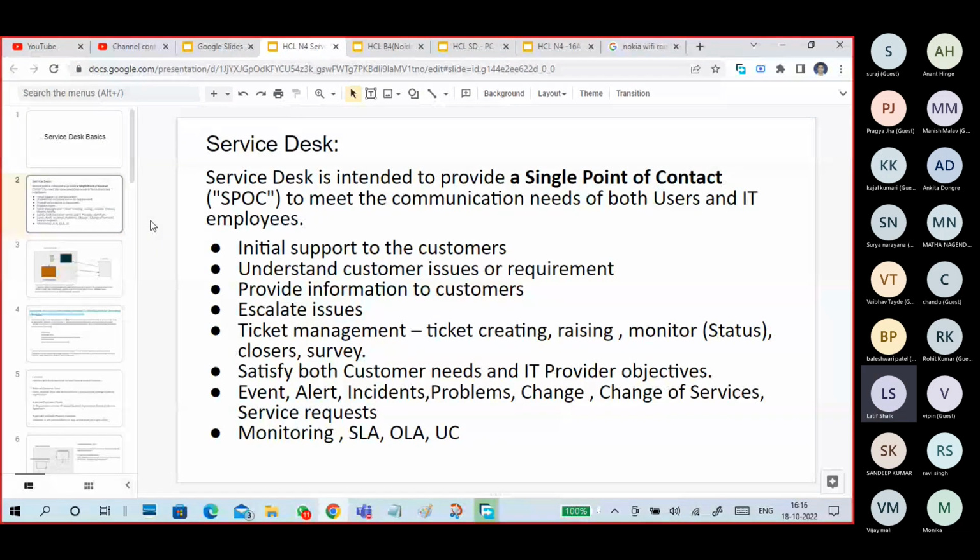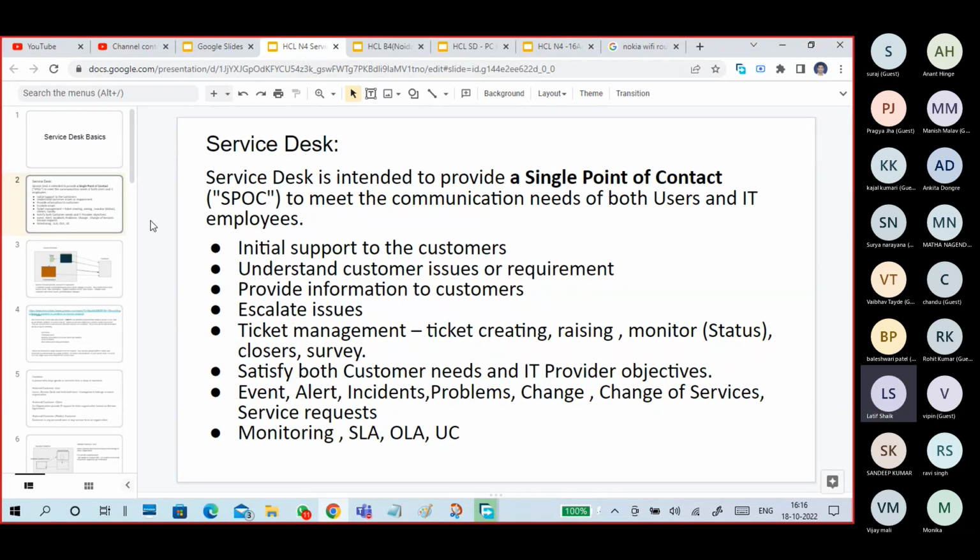Service desk provides initial support to the customer, understands customer-related issues and requirements, provides information to the customer, and escalates the issues. It manages the tickets: create a ticket, raise the ticket.